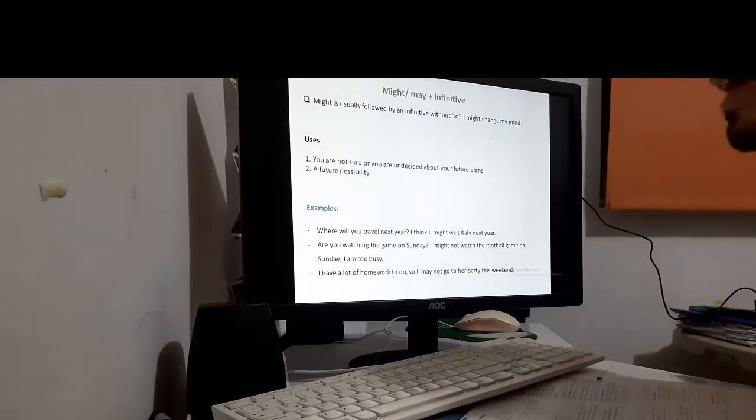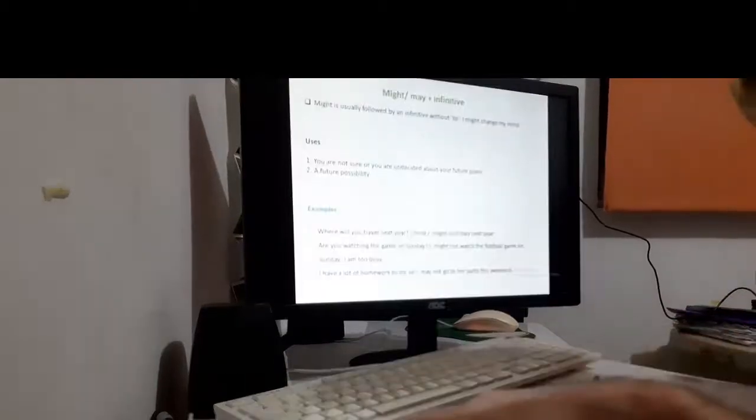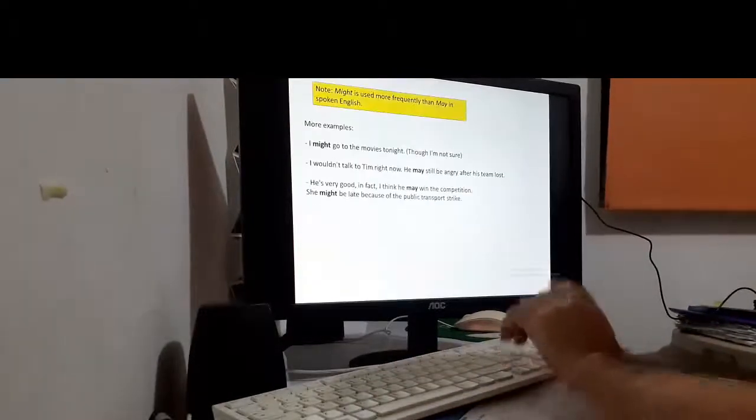Now we have might or may, and here is something really important: you can use them indistinctly. You can use might or you can use may. Here you have a note.